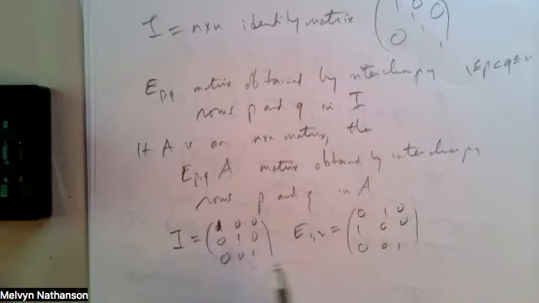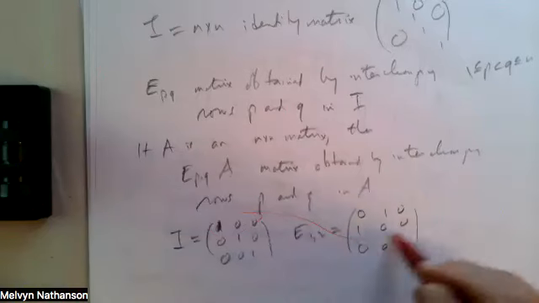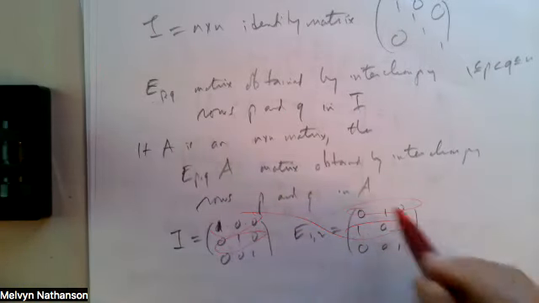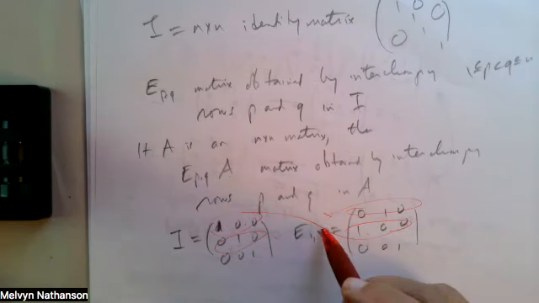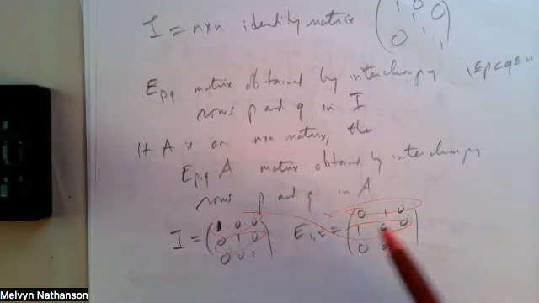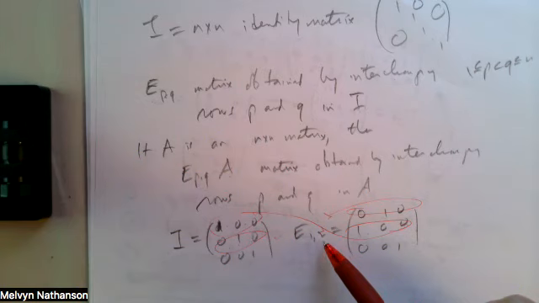You got from the identity to here by taking the first row and making it the second row, and taking the second row and making it the first row, right? And I'm calling this matrix for the moment E12.